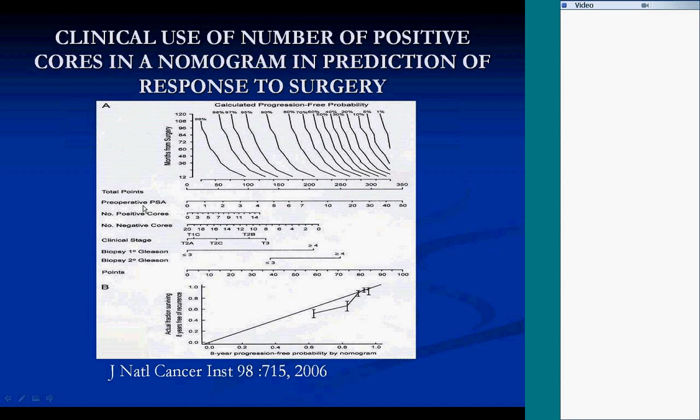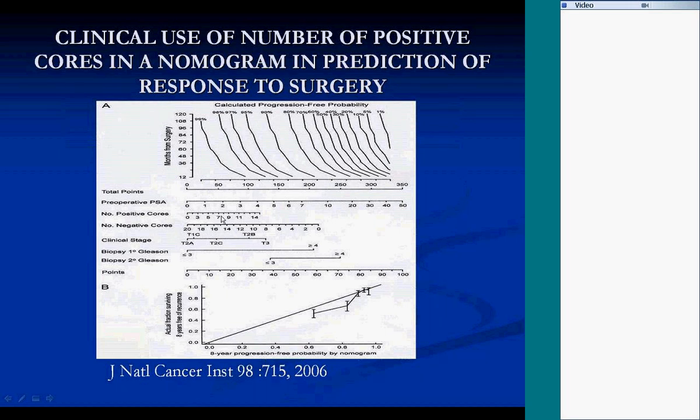And the most important preoperative parameters are the PSA level, the number of positive cores, number of negative cores, clinical stage, and then the primary and secondary Gleason patterns. And the way this works is that for each separate parameter, you get a point score.